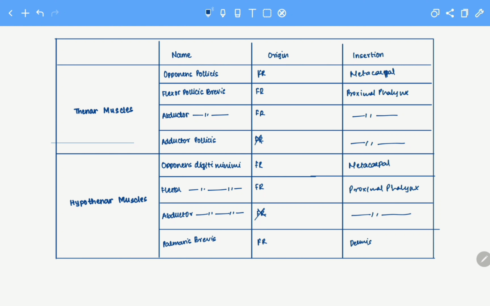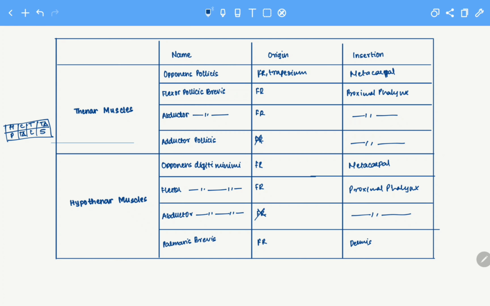Now opponens pollicis, if we remember the carpal bones it will be the trapezium. Okay, just for a recap, let me draw the carpal bones here. This will be scaphoid, lunate, triquetral, pisiform, trapezium, trapezoid, capitate, hamate.